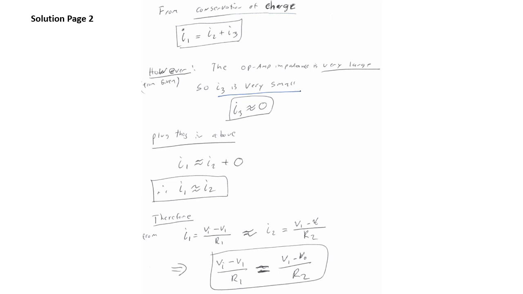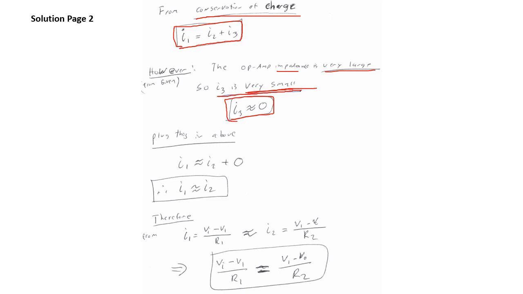From here, there's no capacitance, so we can use conservation of charge. Conservation of charge gives us for this problem that I1 is equal to I2 plus I3. However, the op-amp impedance is very large, so our I3 is very small. Like I said at the beginning, very small and very large are keywords here. With I3 very small, we'll say it goes to 0, so I3 is approximately equal to 0.